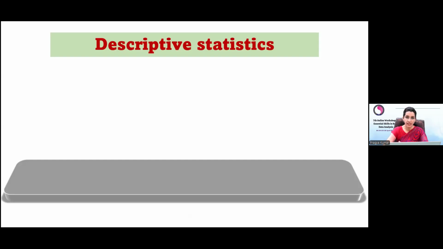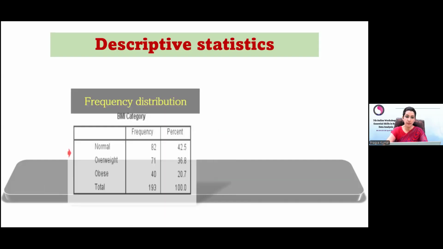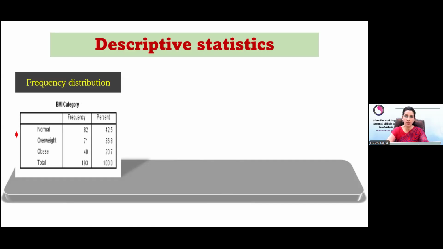Like I said, descriptive statistics is of 4 types. First, the frequency or count, which is for the categorical variable. Like you have just created categorical variables of age category and BMI category. If you take out the frequency and percentage of these categorical variables, this will be a frequency distribution.